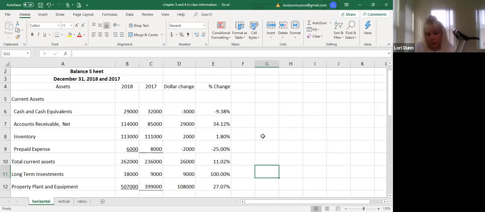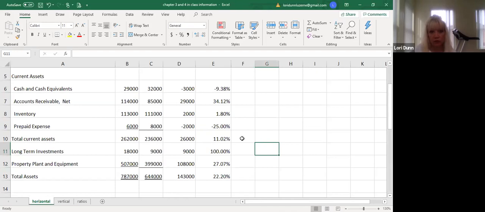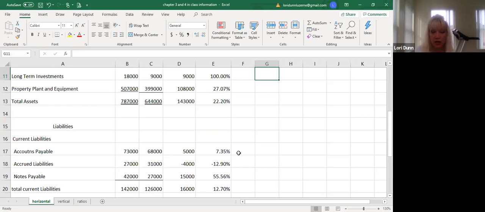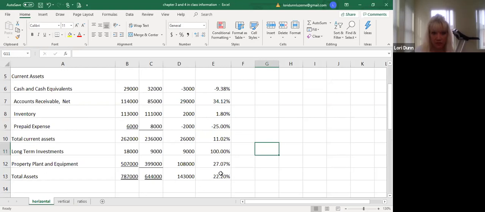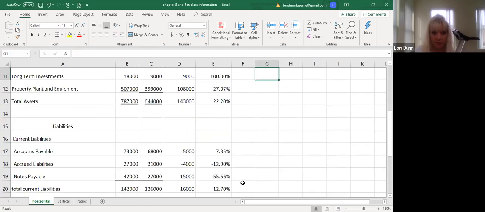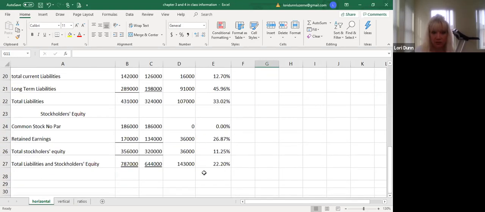So what do we use this for? Well, we're going to see, first of all, what did we expect? But the decision maker out there, they're going to compare the company's percentage change in assets, particular assets, and liabilities, and even equity to the competition.